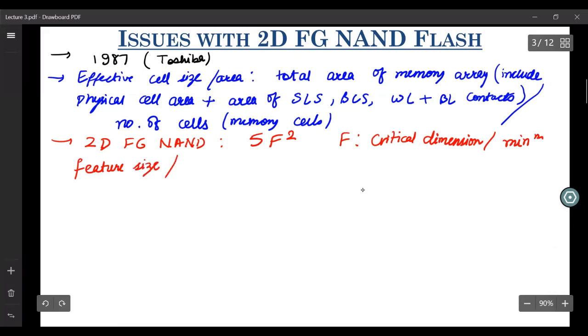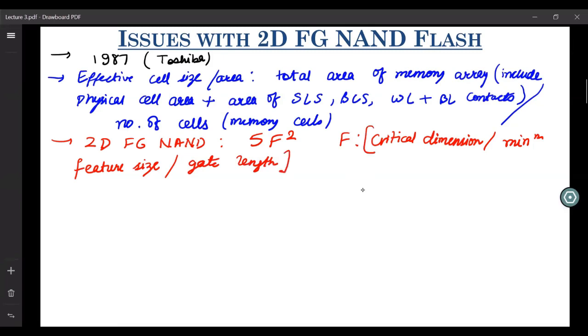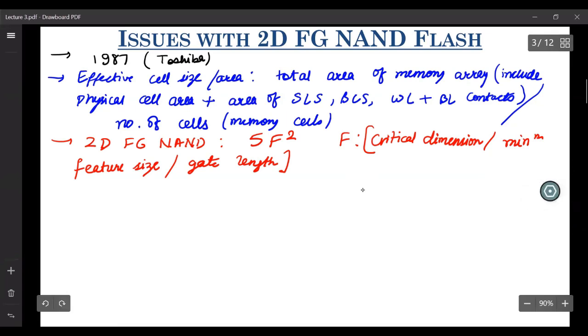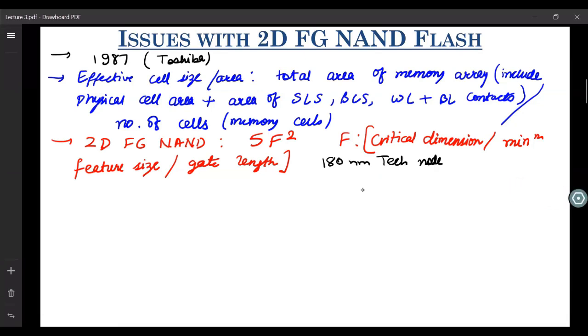For technologies below 20 nanometers, it also used to correspond to the gate lengths. To give you a feel of this, all of you must have worked with the 180 nanometer UMC technology. There F is not 180. 180 nanometer is the name of the technology, but the minimum gate length is different. If you talk about the 180 nanometer technology node, the name suggests that F is 180, but that's not the case.